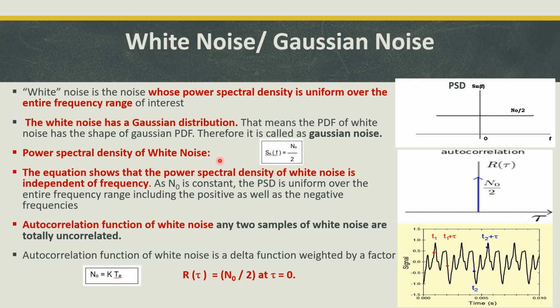Then this white noise can be measured or calculated in terms of the autocorrelation function. In the autocorrelation function of white noise, any two samples of white noise are totally uncorrelated. We can calculate correlation using two approaches. One is cross correlation, another is autocorrelation.